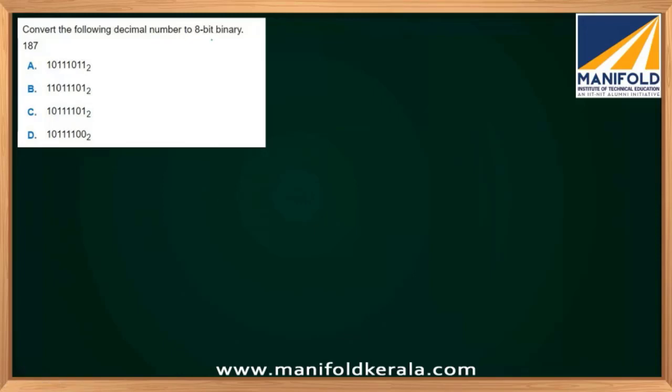Now convert the following decimal number to 8-bit binary, and the number given is 187. Convert the number 187 to binary. I'll give you a shortcut trick here.